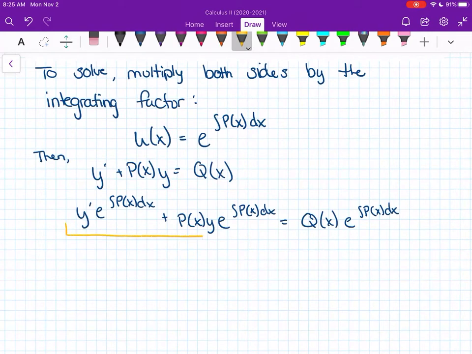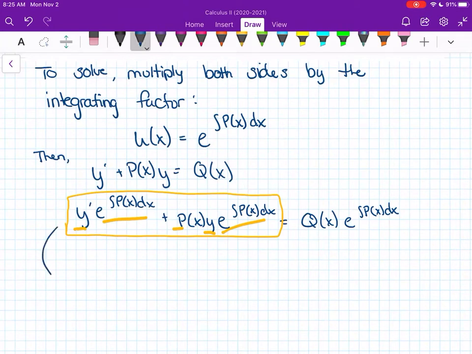Okay, this looks really gross, I'm sure, but if we examine this side a little bit closer, we see that we actually, in fact, have the product rule. So I have y and y prime as one of my factors, and then I have e to the integral of p of x dx. Not chain rule, excuse me, sorry, I keep saying that.